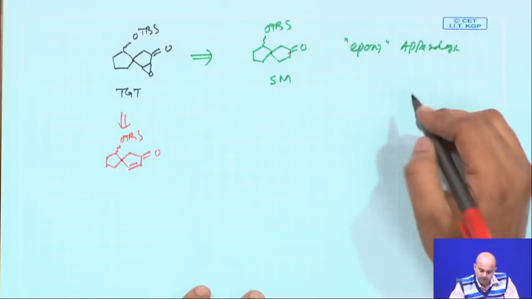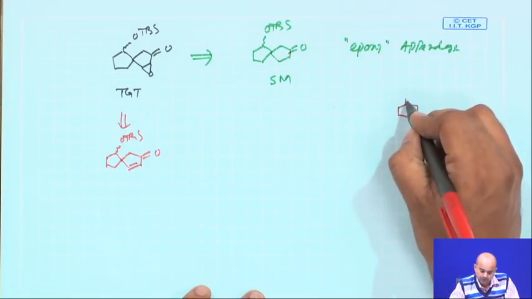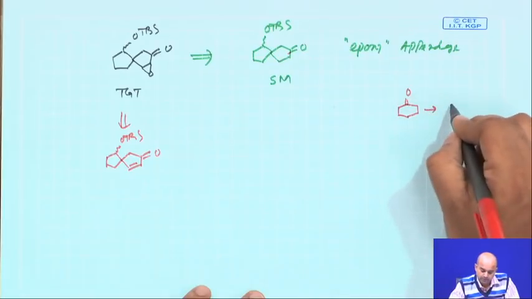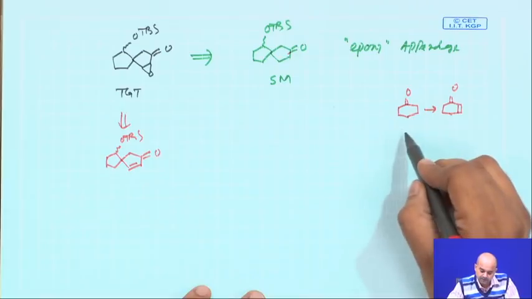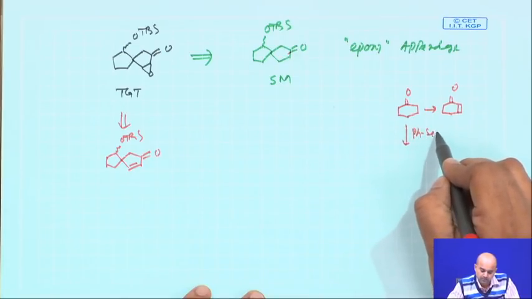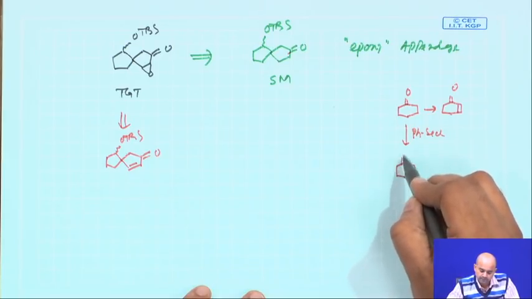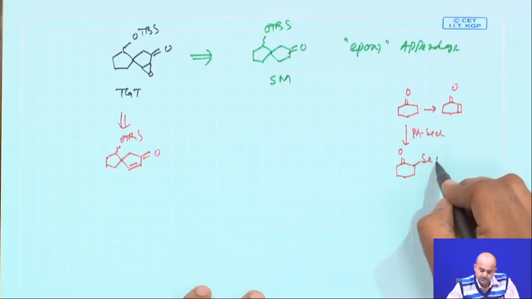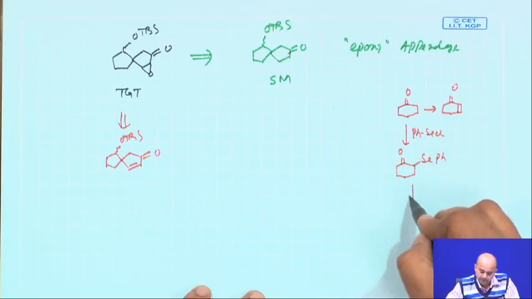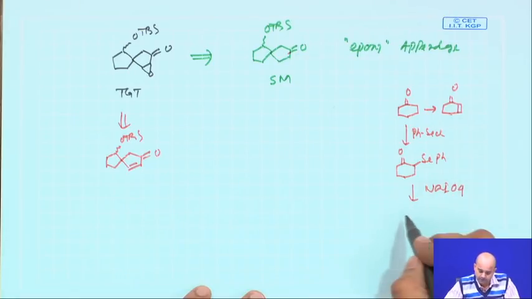Now, if you remember, earlier we said that cyclohexanone can be converted to cyclohexenone by selectively introducing phenyl selenium chloride, which basically gives you a SePh, and then this SePh was subjected to oxidative rearrangement, which is basically sodium periodate.